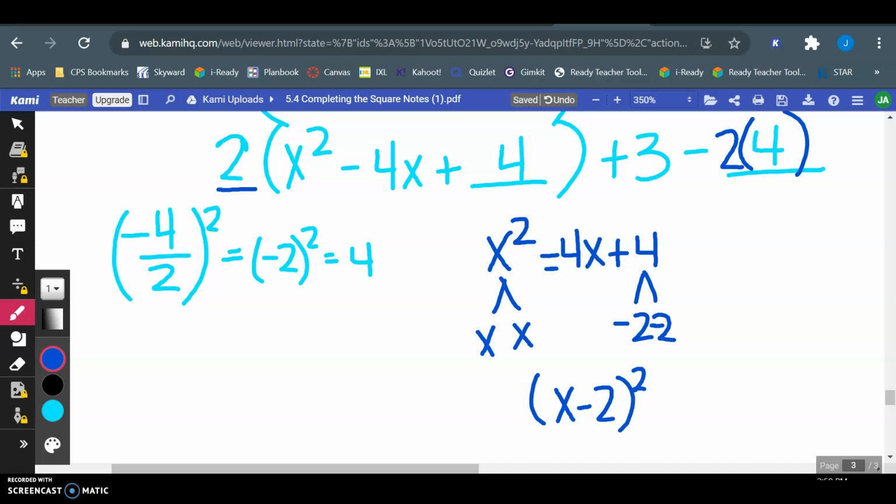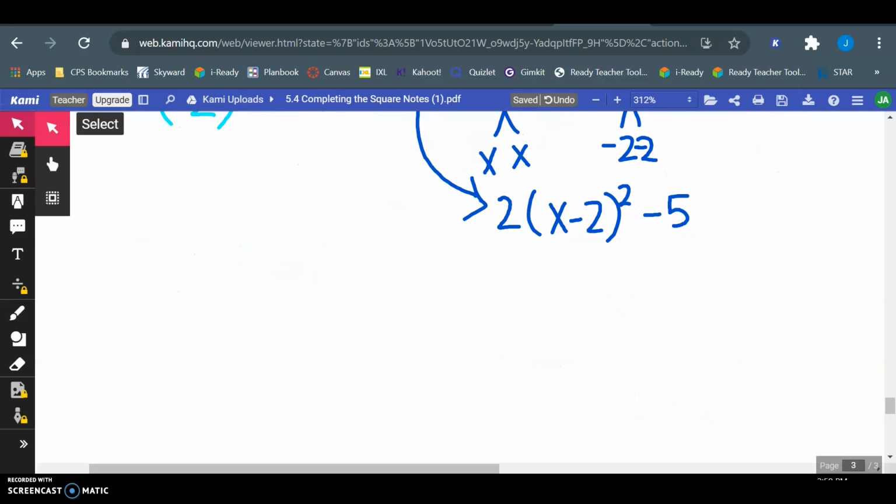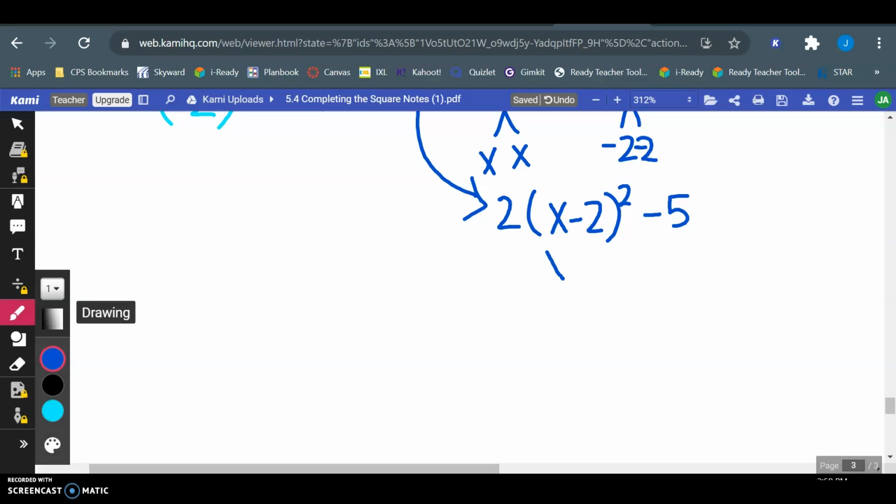And then when I simplify the back part, I have 3 minus 2 times 4. So that's 3 minus 8. That's a negative 5. And also I have to bring out that 2 from the beginning and add that there. So now that is in vertex form. And remember, we have x minus h plus k here.